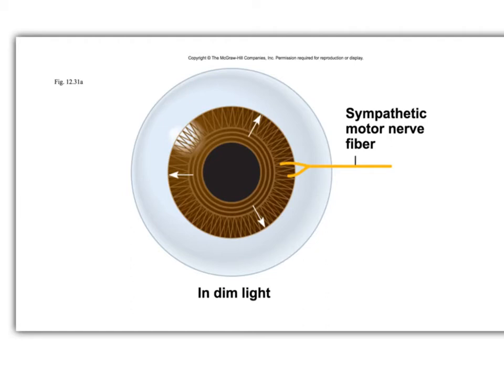The iris is what gives your eye its color. So whether your eyes are brown or blue or green, but there's actually muscles there, and this is showing you that those muscles are going to be contracting and relaxing to change the diameter of the pupil, which is the opening in the middle of the eye.